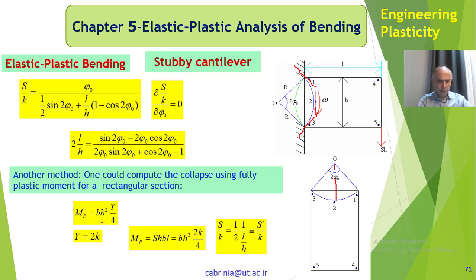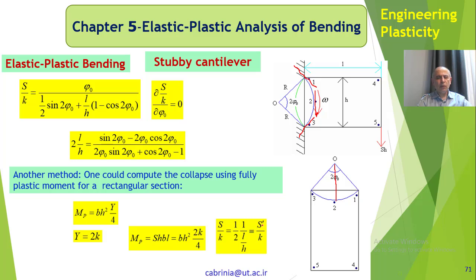Now we want to compare the value we obtained for S over K using collapse load method and the value of S over K using the ordinary plastic moment method, which we obtained at the beginning of this chapter.